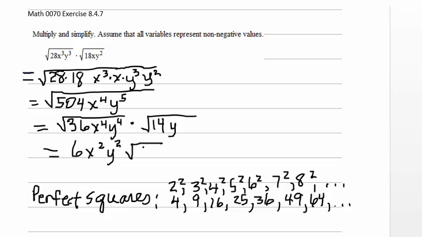So this is multiplied by the square root of 14y. So that's my simplest form of the expression that I began with. So notice in this case, first I had to multiply, then I simplified.